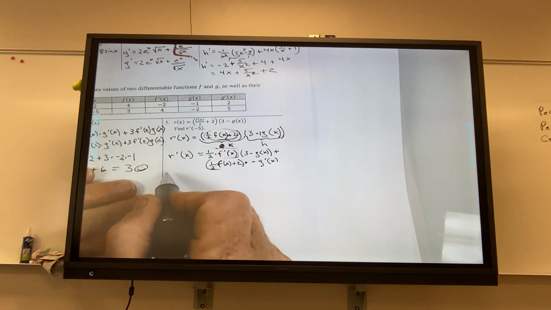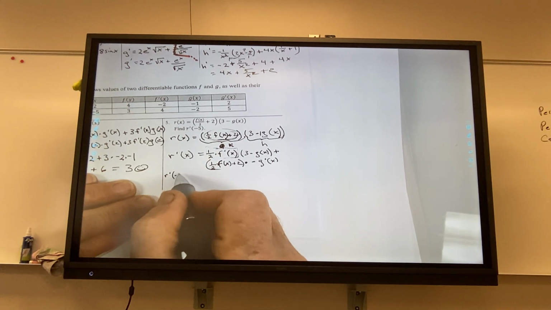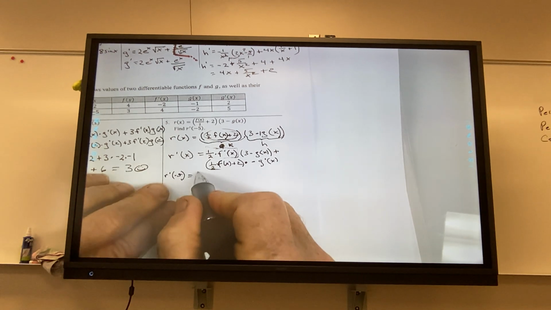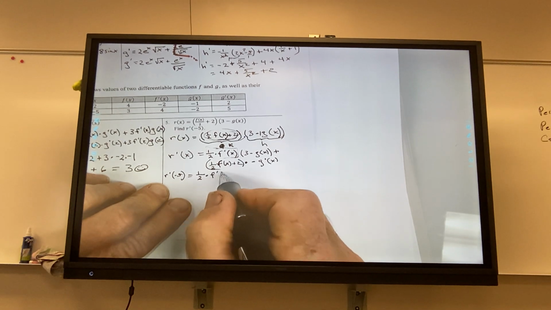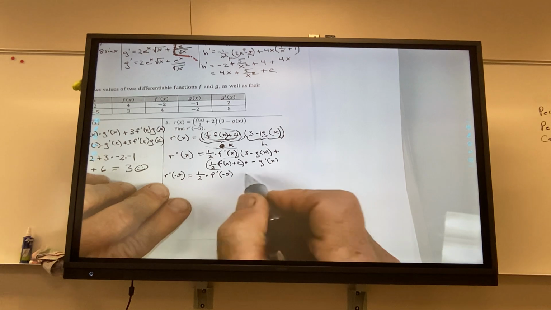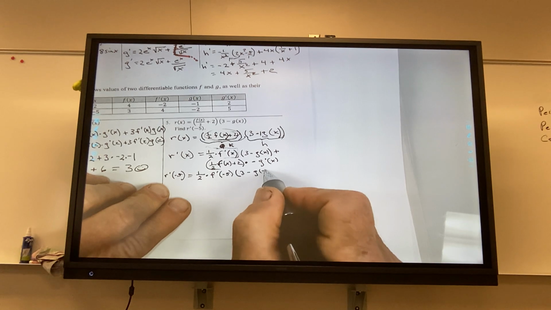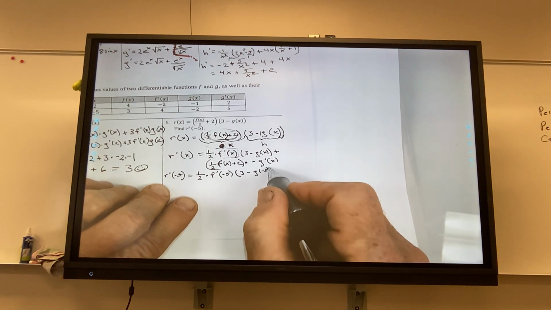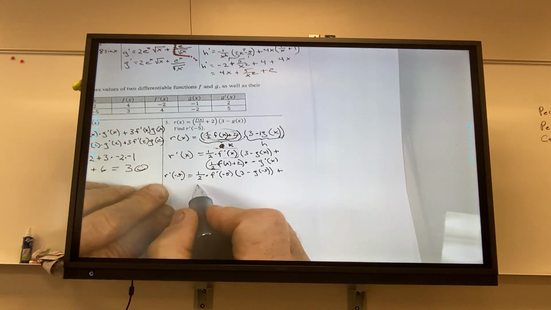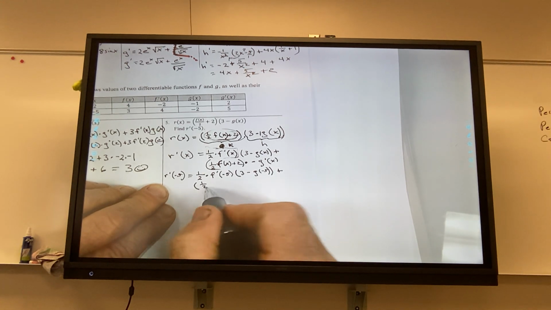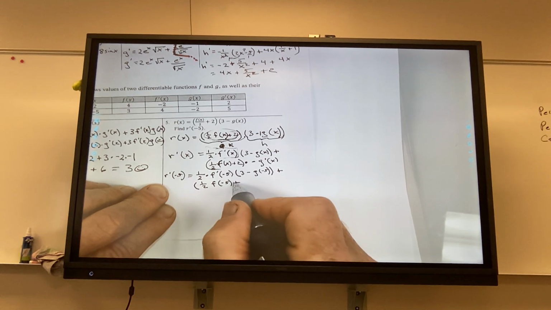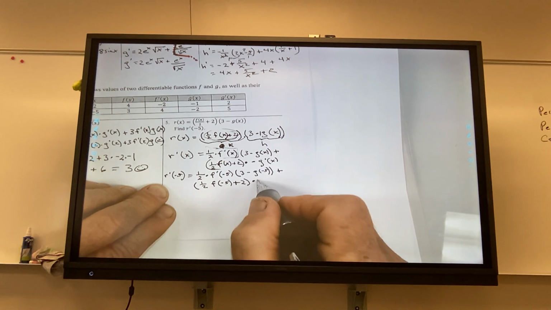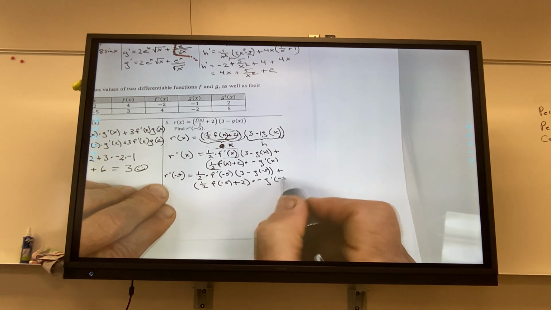So now I'm going to plug in -5. I'm going to have 1/2 times the derivative of f with -5 in it. Parentheses, 3 minus g of -5. Plus, parentheses, 1/2 f of -5 plus 2 times -g prime of -5.